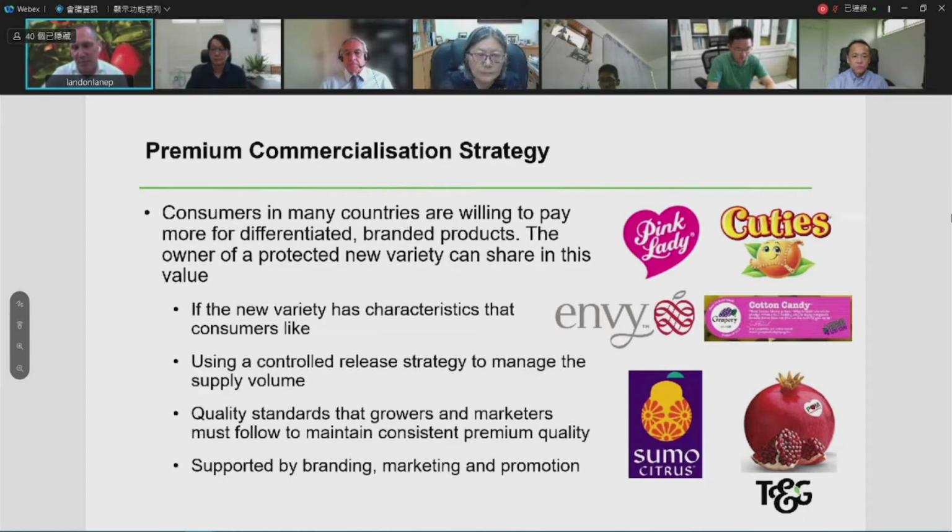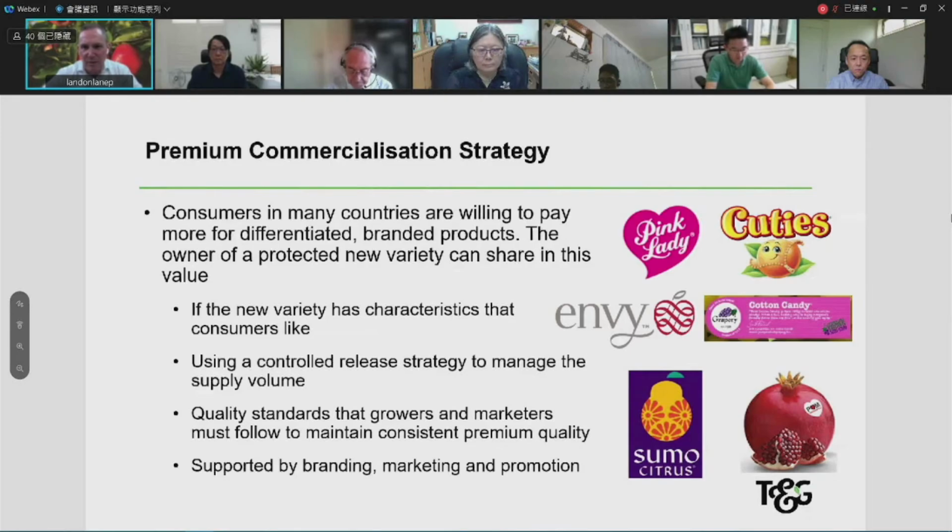And there are consumers in many countries, not only the countries with the bigger economies, but consumers in developing countries where they are increasingly having rising living standards and disposable income. And so with a variety that has good characteristics, we use a controlled release strategy for planting in different countries, under license, supported by quality standards, including your GAP, and with some branding, marketing, and promotion.